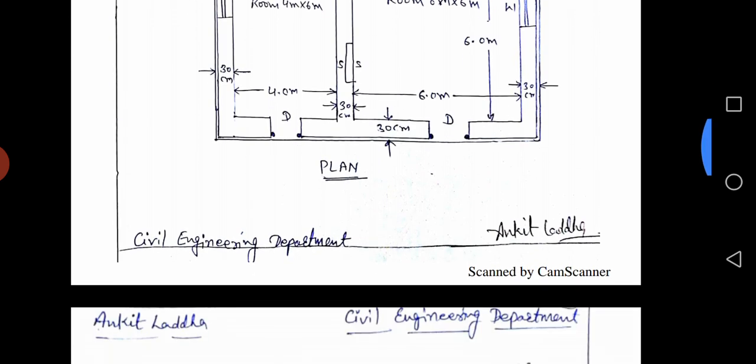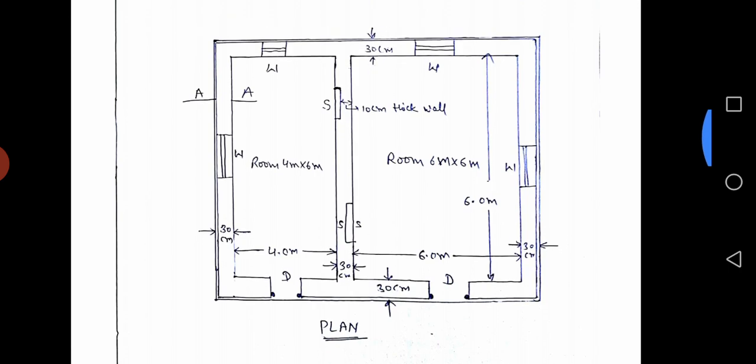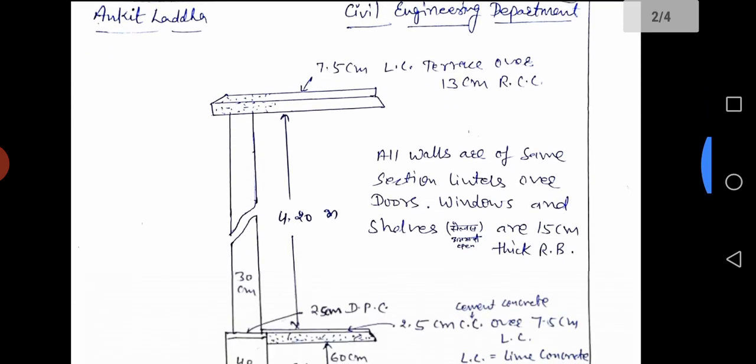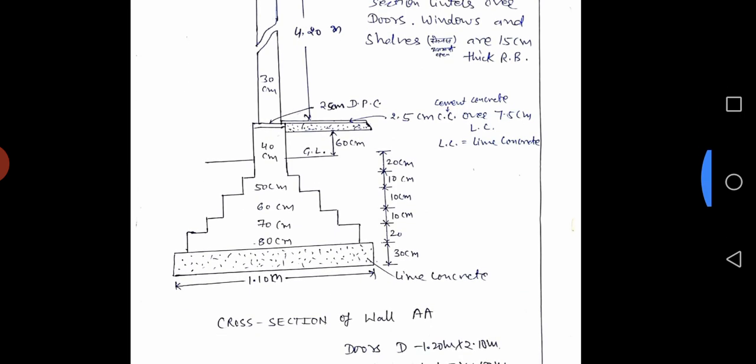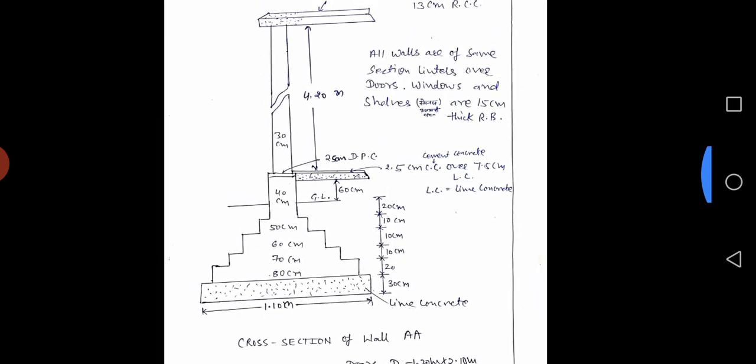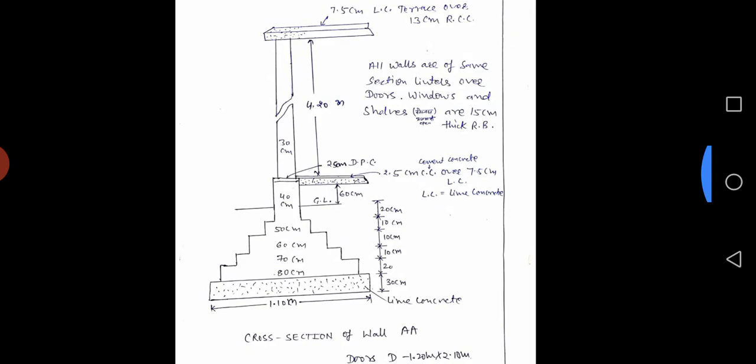This is the plan, and we take a portion of wall, section AA, and here is the cross section of wall AA. In the cross section of wall AA, first is given lime concrete.